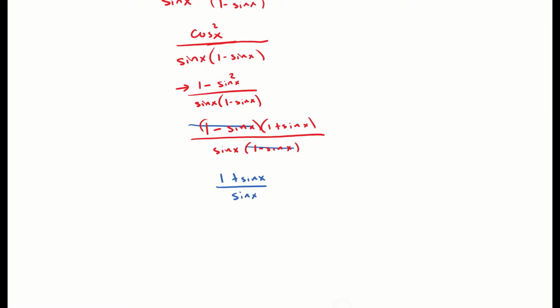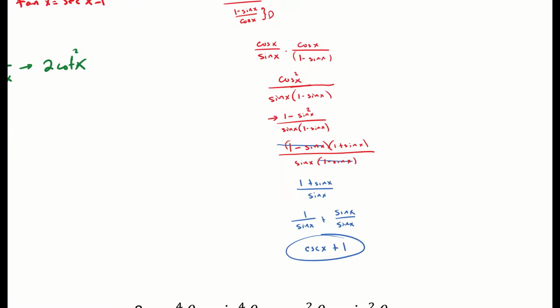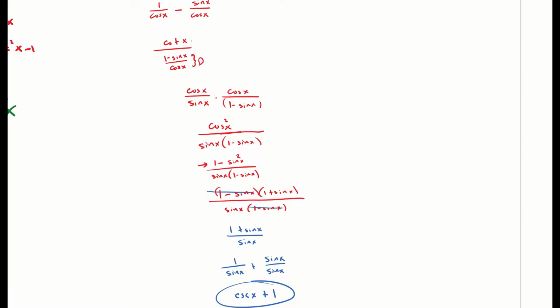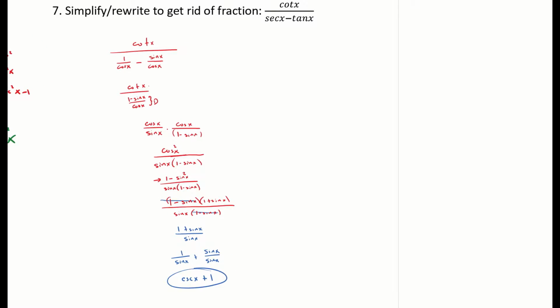When I split it up, I get 1 over sine x plus sine x over sine x. The 1 over sine x is cosecant x, and then sine x over sine x is 1. And that's what I end up with. I can't go any further because there's no more simplifying after this, right? And so that's going to be my final answer for that particular problem.